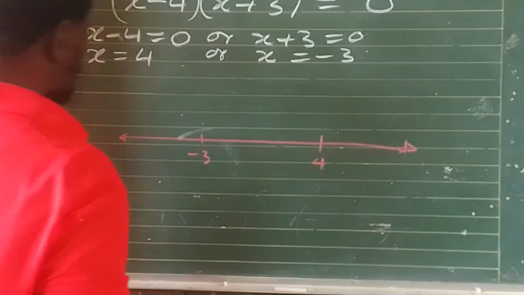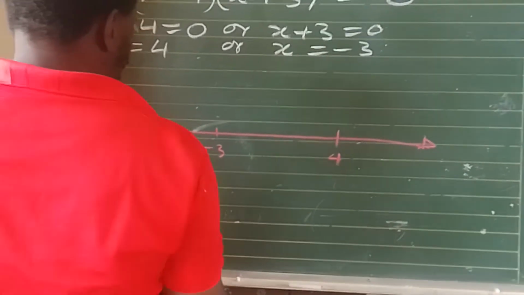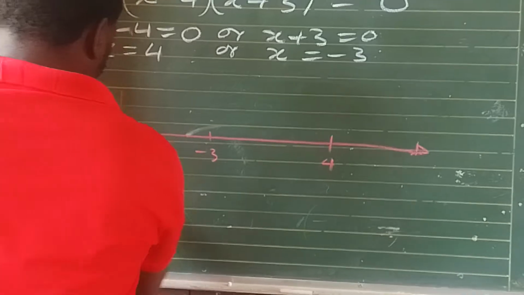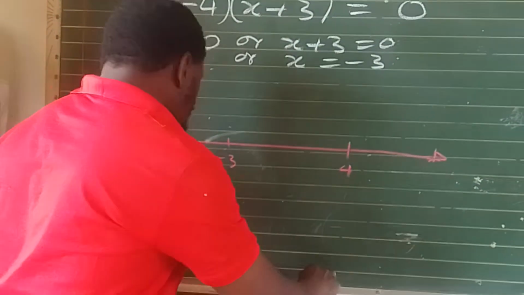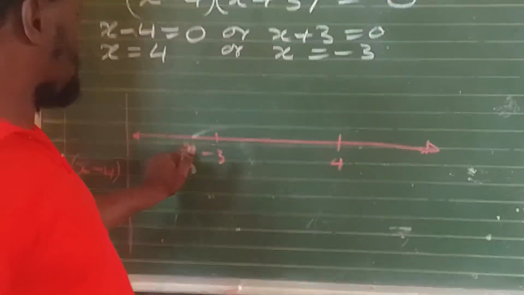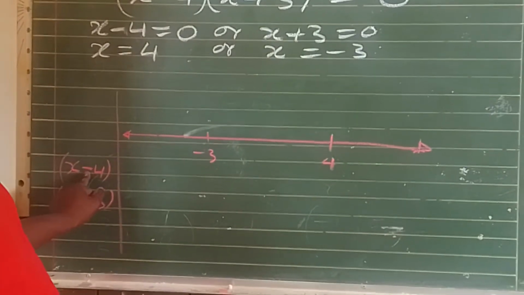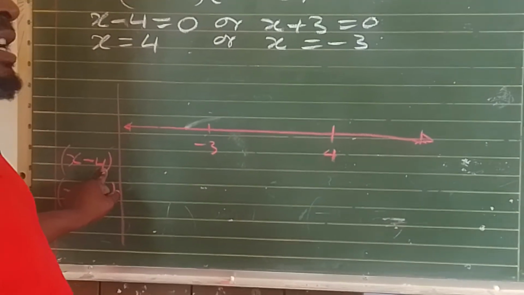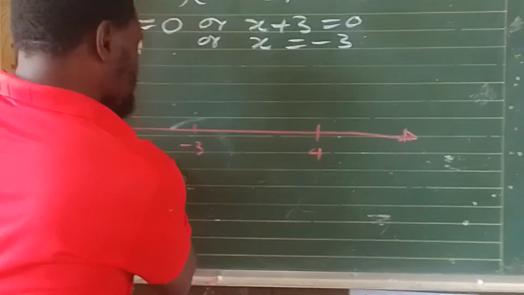These are the conditions that we have. Then you take any value just before minus 3, it's minus 4. You put your minus 4 here, minus 4 and minus 3, you get a minus 7. That means here you have a negative sign.